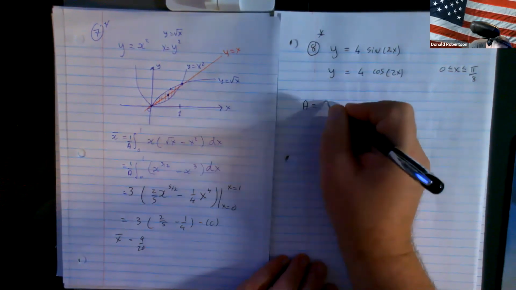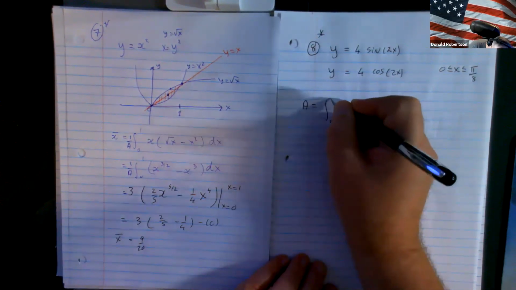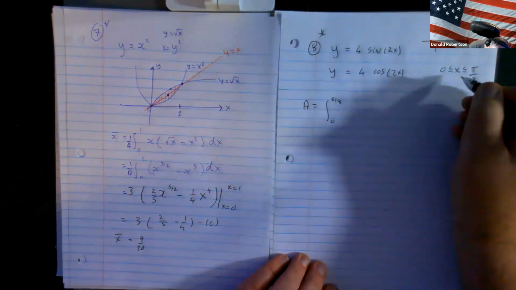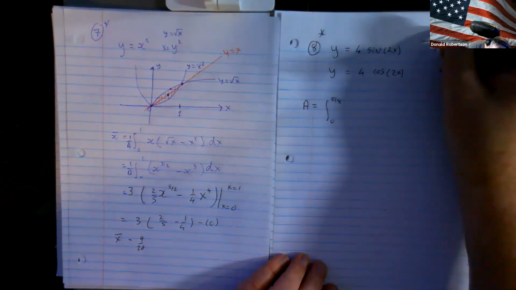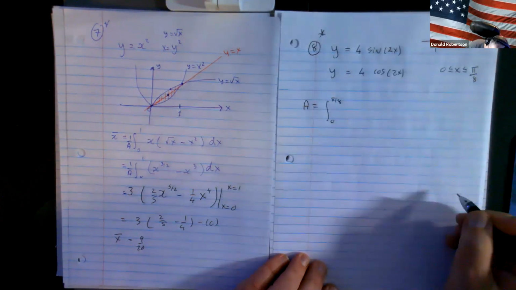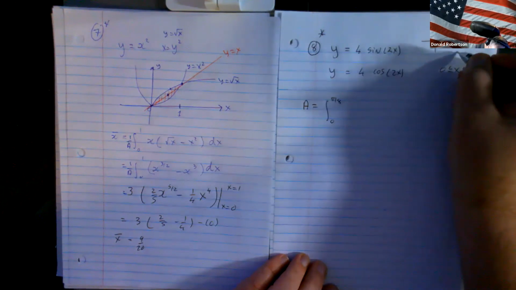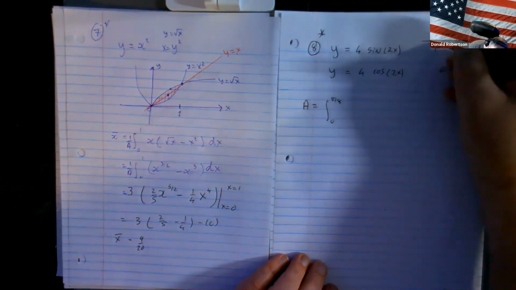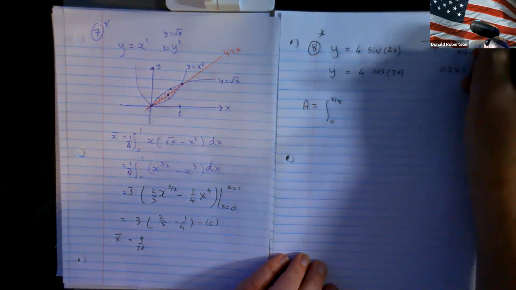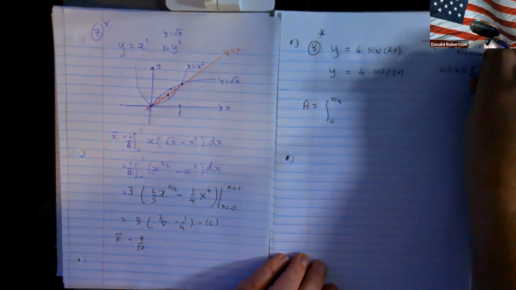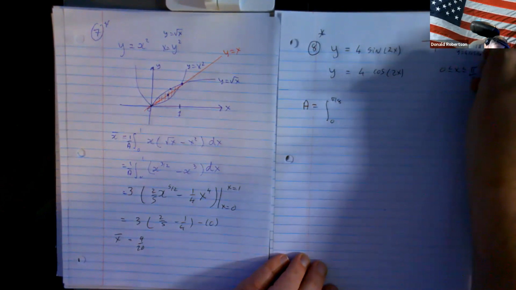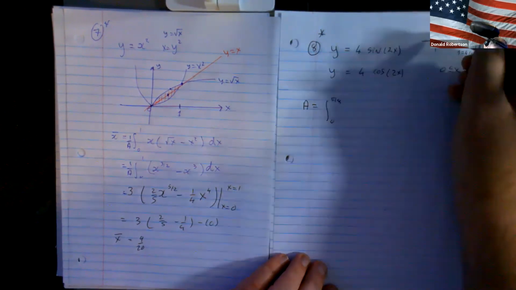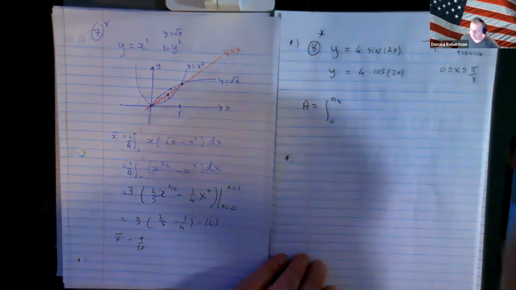So A is the integral from 0 to pi upon 8. I really should sketch these, but if you imagine coming down this way, that's what 4 cosine 2x looks like. And if you imagine coming up this way, that's what 4 sine 2x looks like. So this one and this one, and we're looking for the area between them. So it's that piece there.